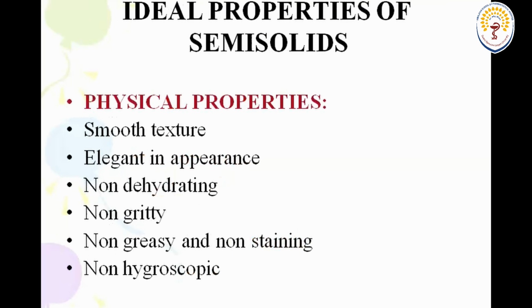Ideal properties of semi-solids. Semi-solids should be smooth in texture and elegant in appearance, non-dehydrating and non-gritty, non-greasy and non-staining, non-hygroscopic and non-irritating, should not alter membrane or skin function, and be miscible with skin secretions.